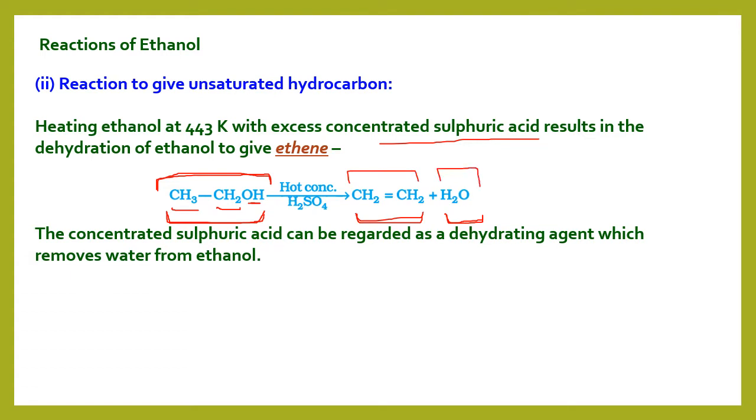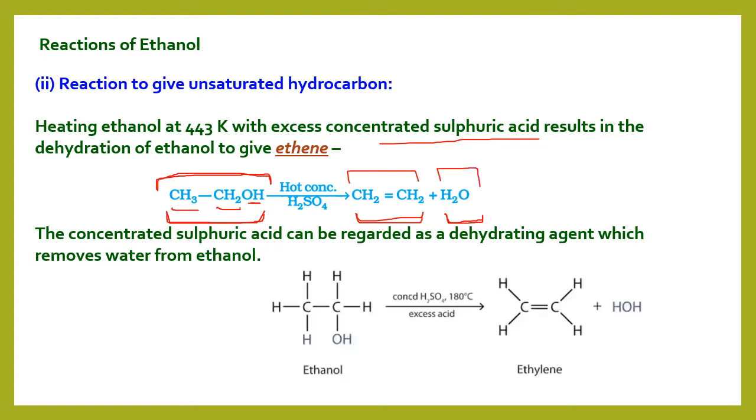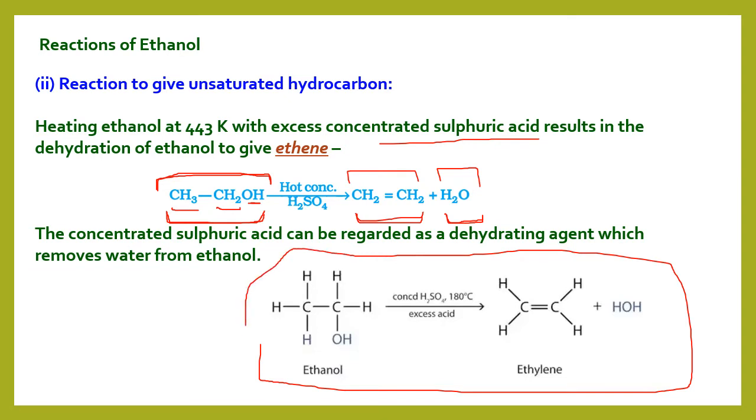And H2O will be removed. Right. And here is the equation. Now it is more clear if you look at this equation. Breaking of bond and formation of new bond can be seen clearly over here.